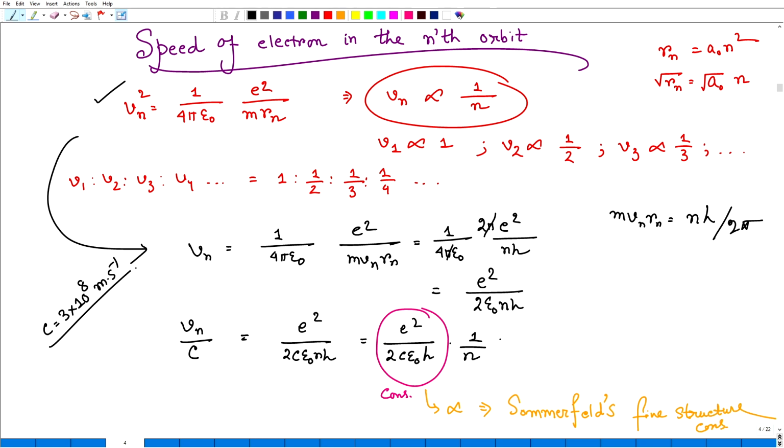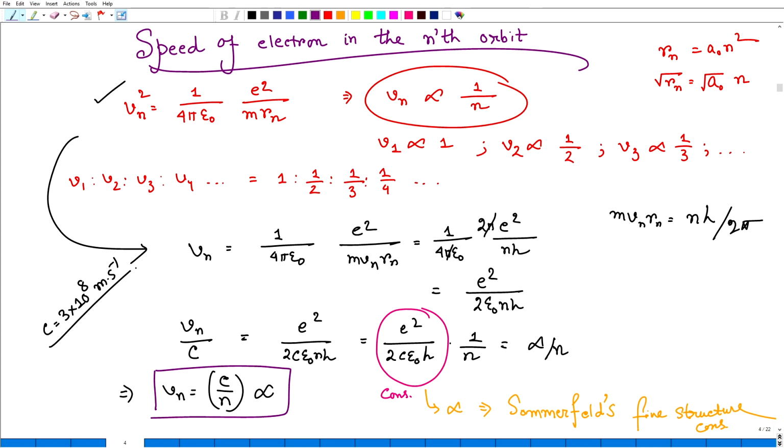So, it is alpha by n. So, you can write Vn equals c by n into alpha. Alpha is also constant. So, this is one important relation, c by n into alpha.